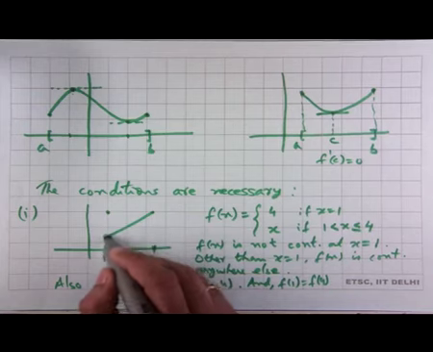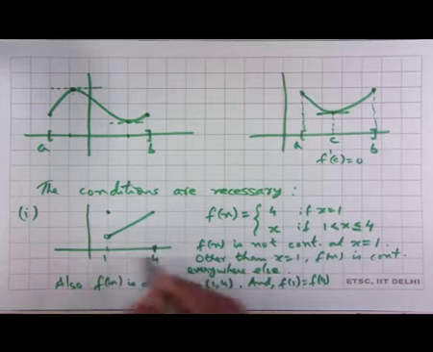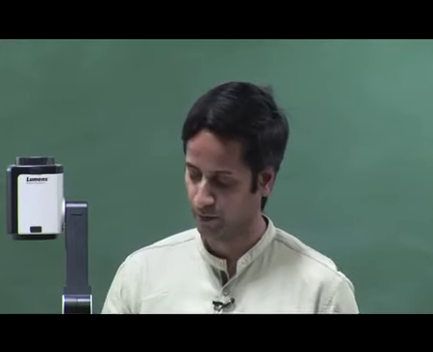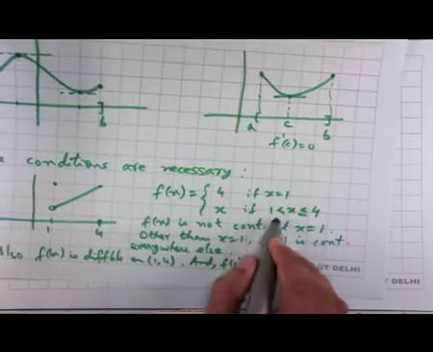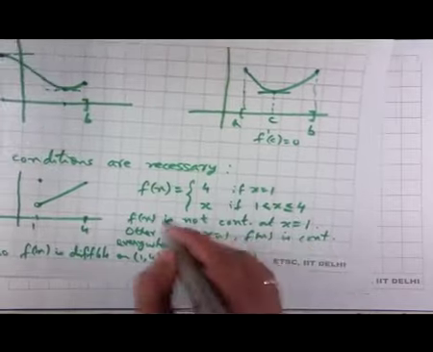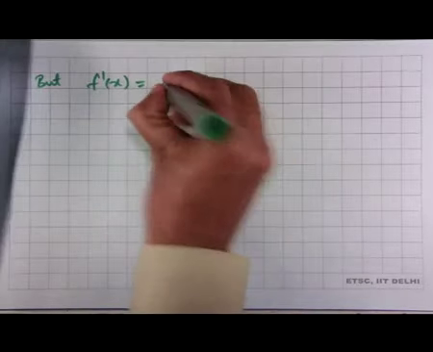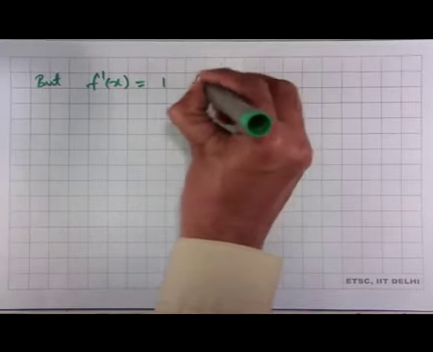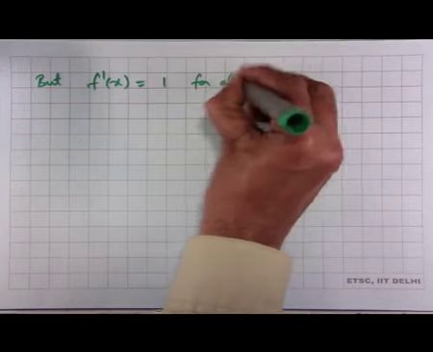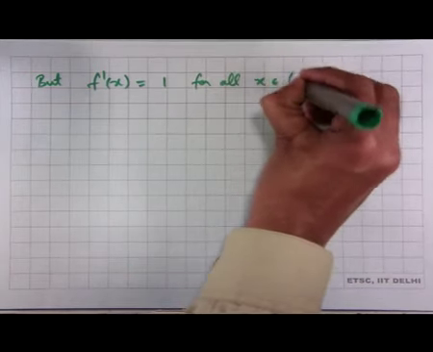There is no point in the open interval 1 to 4, because f x is equal to x in the open interval 1 to 4, f prime x is equal to 1 for all x belonging to 1 to 4.